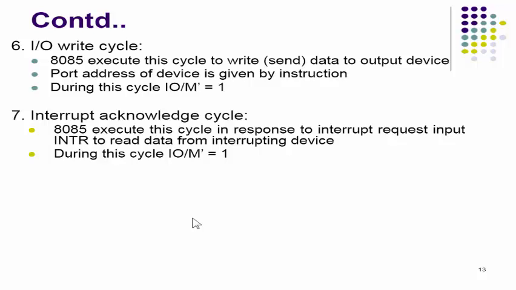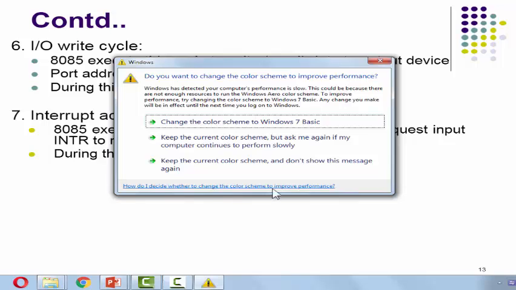Then IO write. 8085 executes this cycle to send or write data to the output device. In this case also the instruction will give the port address. During this particular IO write machine cycle, IO/M bar is logic 1.